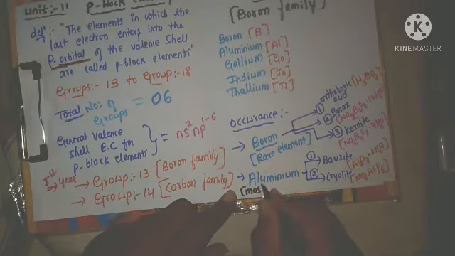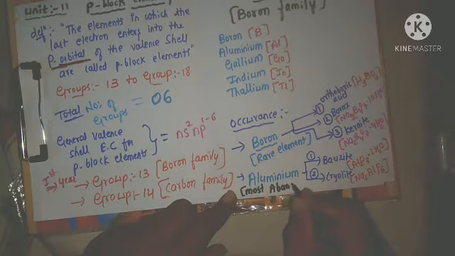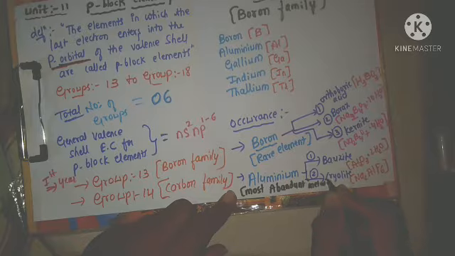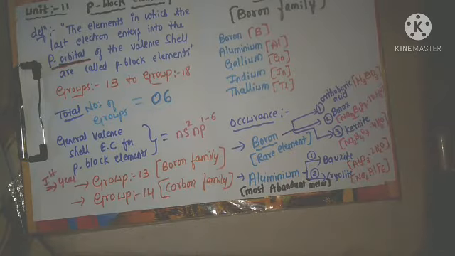most abundant metal. Most abundant metal means, among the metals, the one which is available in large quantity, then your answer should be aluminium. Aluminium is the metal which is available in very large quantity compared to the other metals. I am comparing only with the metals.